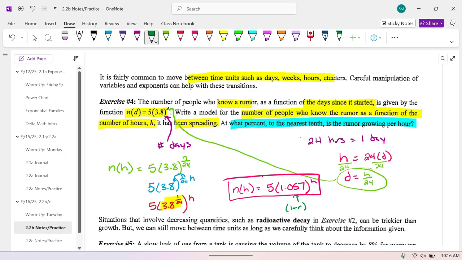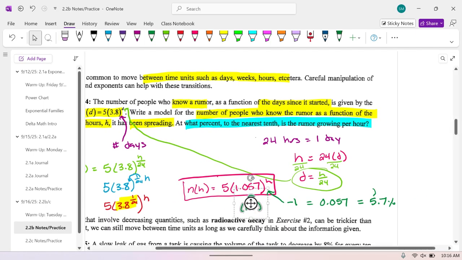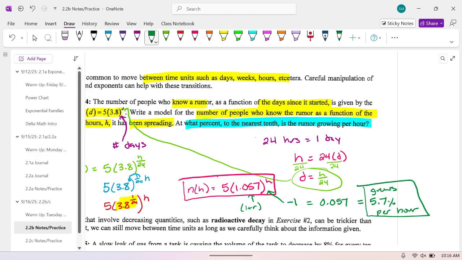If I subtract 1 from this, that gives you 0.057, which as a percent is 5.7. So it grows 5.7% per hour. That's the other part. Any questions on this, guys?